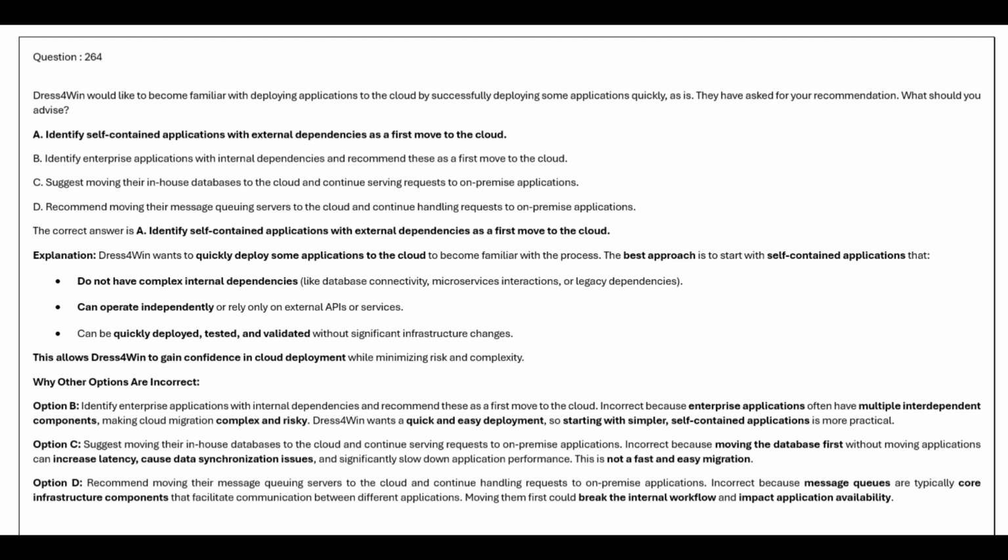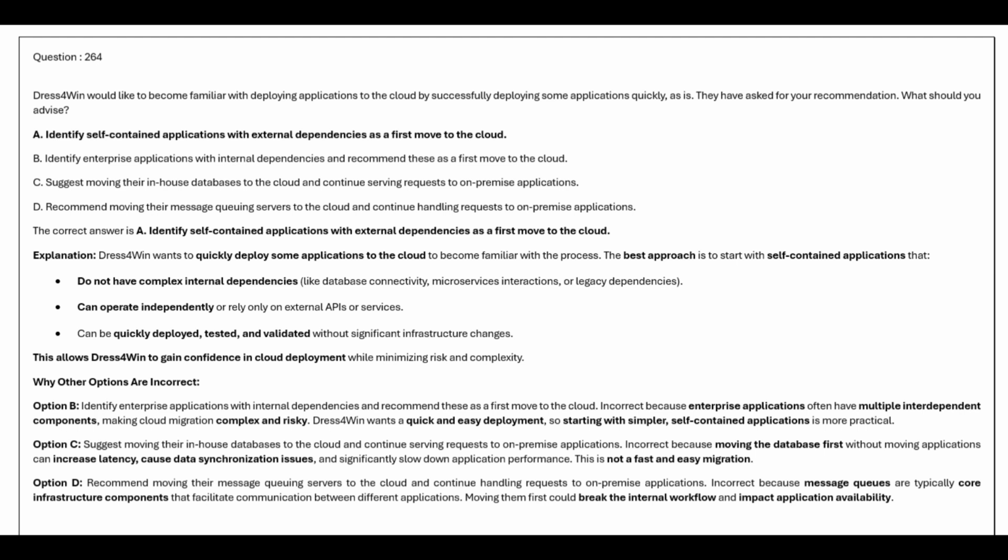Option C. Suggest moving their in-house databases to the cloud and continue serving requests to on-premise applications. Incorrect, because moving the database first without moving applications can increase latency, cause data synchronization issues, and significantly slow down application performance. This is not a fast and easy migration.